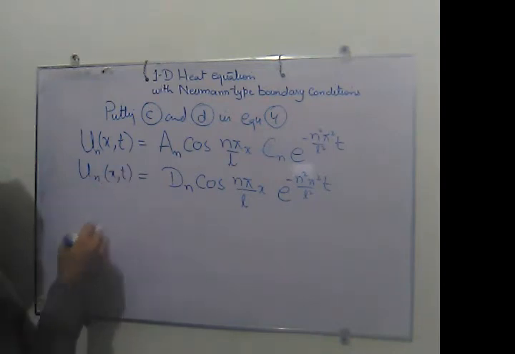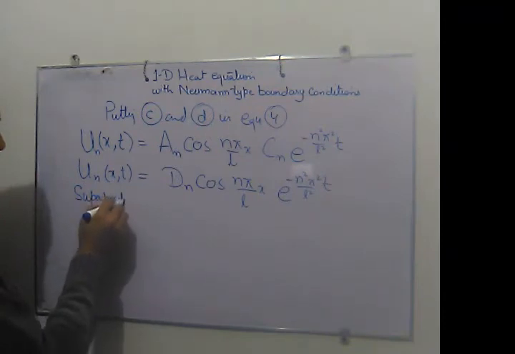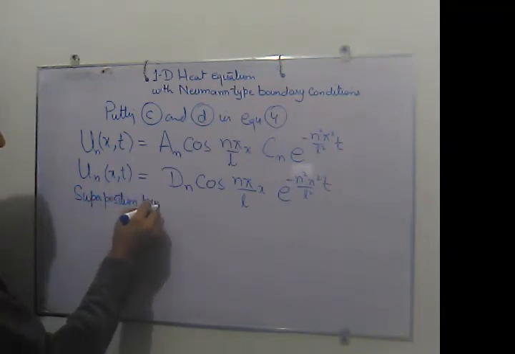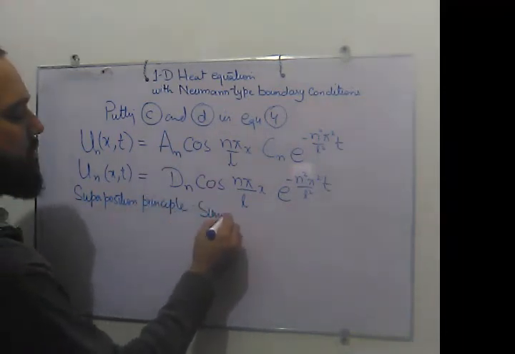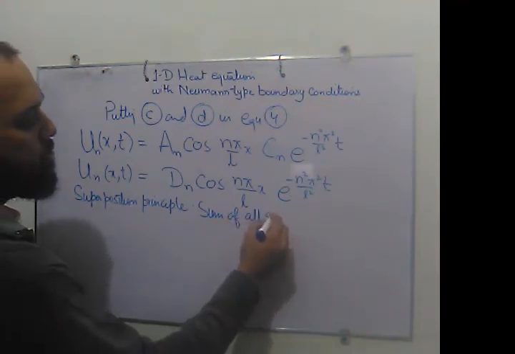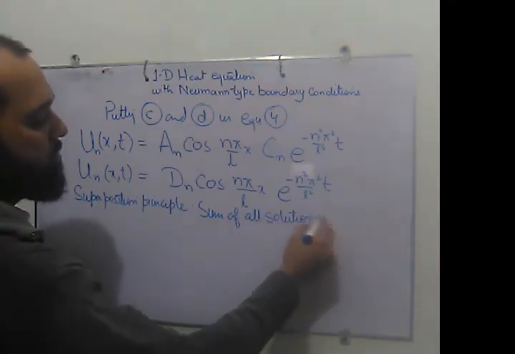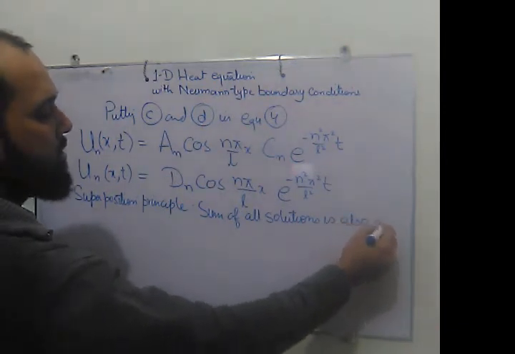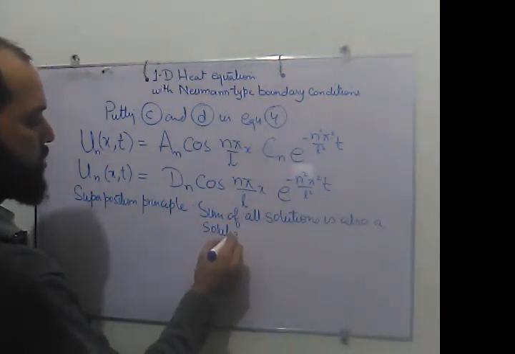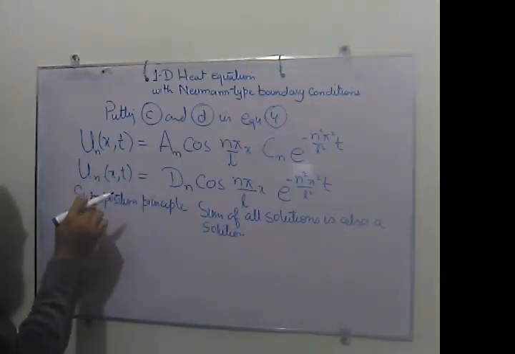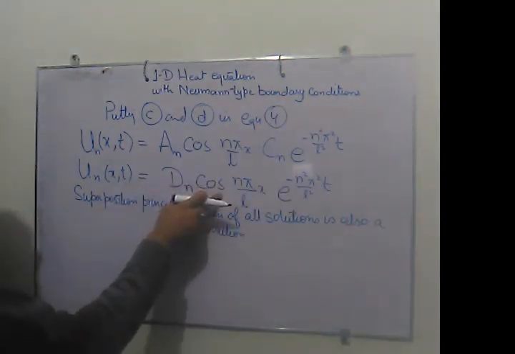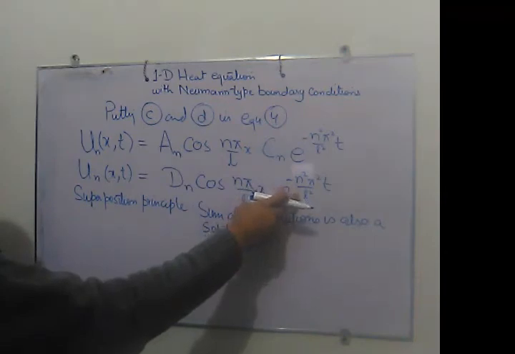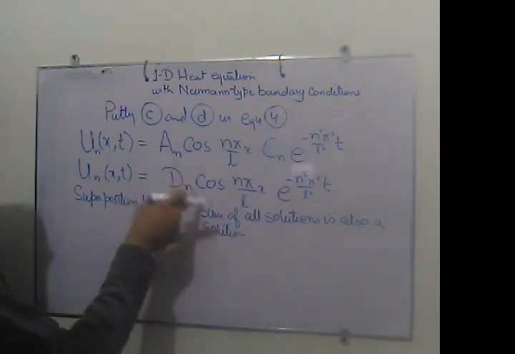Then we use the principle of superposition. This principle says that the sum of all solutions is also a solution. So to make this a single solution corresponding to equation 2, we have to sum all of these solutions. This is d1 cos pi x upon L exponential minus pi square upon L square t, then plus d2, and so on.